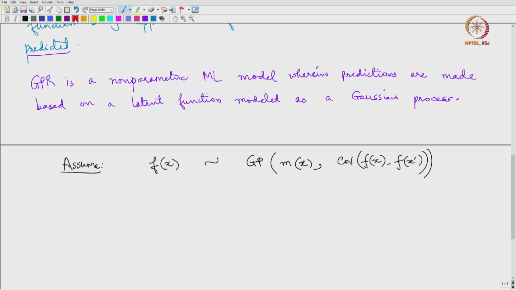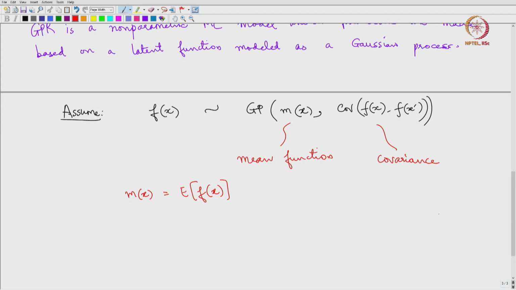This mean function is essentially the expected value of the function that you are trying to approximate, and then this is the covariance, right.